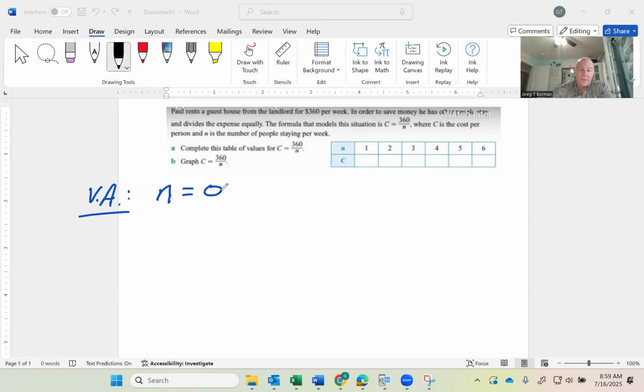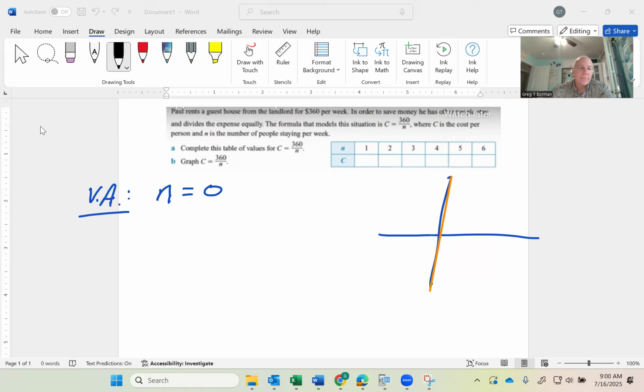In this case, there's no evaluation to do, because n is already isolated, so it's just n equals zero. So when we graph this, the vertical asymptote, we'll go back to that color, is going to be the line n equals zero. Normally I'd make it a dotted line, but I haven't figured out how to do dotted lines on Zoom. So the y-axis is going to be the vertical asymptote.